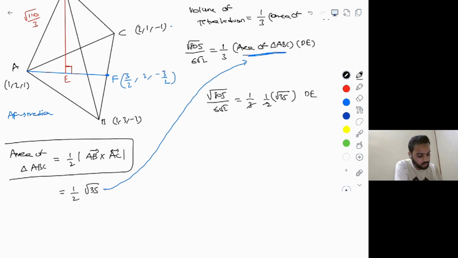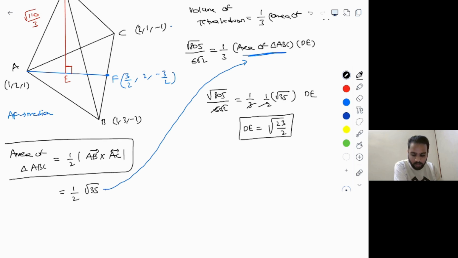And then here 6 will be cancelled out, and the remaining calculation you can do here, right? If you do the proper calculation, you get the length DE is equal to square root of 23 divided by, because anyhow root 2 is there in the denominator, and when you calculate this root of 805 divided by root of 35, you'll get exactly 23 here.